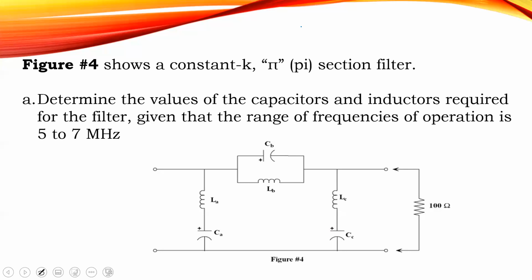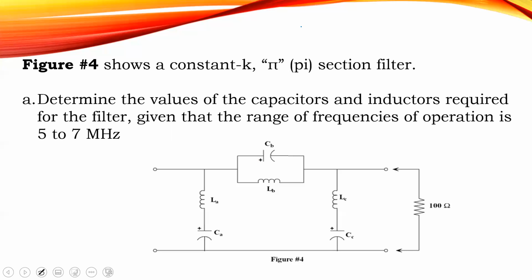Based on the circuit that we have here, obviously this is a bisection filter, yes? As we are told. Given that it's a bisection filter, what kind of circuit do we have in the series section?